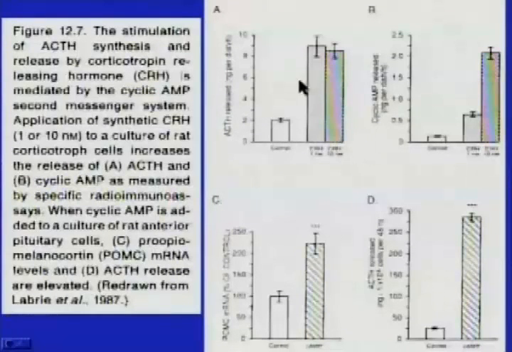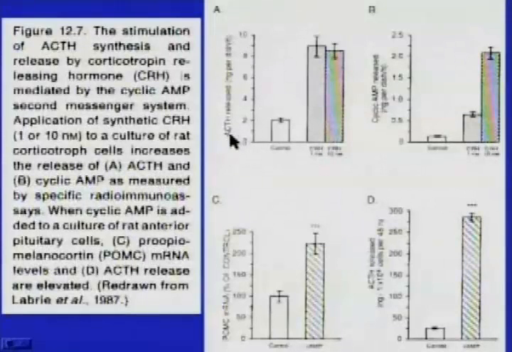Let's take a look at each of these first and evaluate them. First we notice the x-axis is a bar graph, with individual columns representing the values for treatments. We have control, and then 2 doses of corticotropin-releasing hormone. Those are the independent variables that we can change.